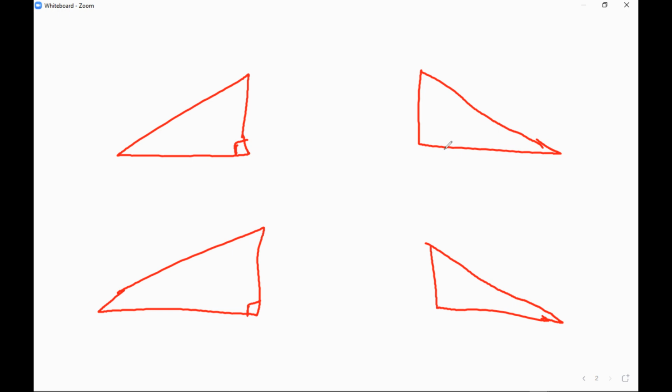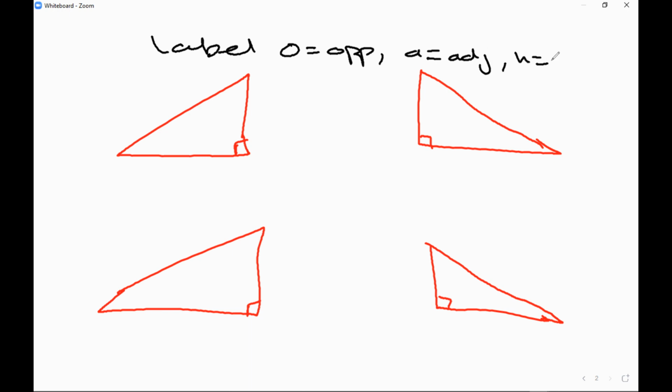It must look more or less like a right angle triangle. Okay, you're going to label O equals opposite, A equals adjacent, and H for hypotenuse. So O, A, or H, depending on where the angle is.